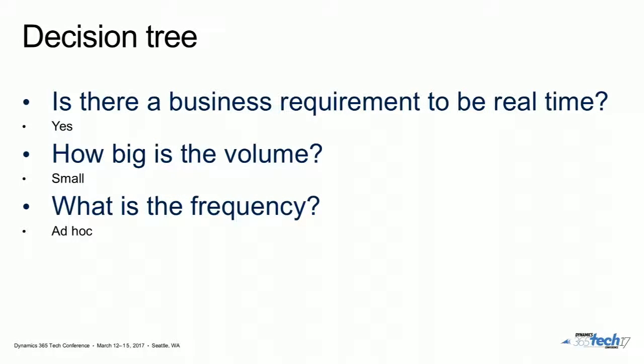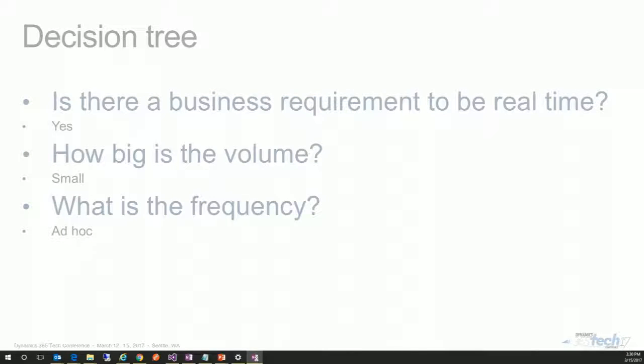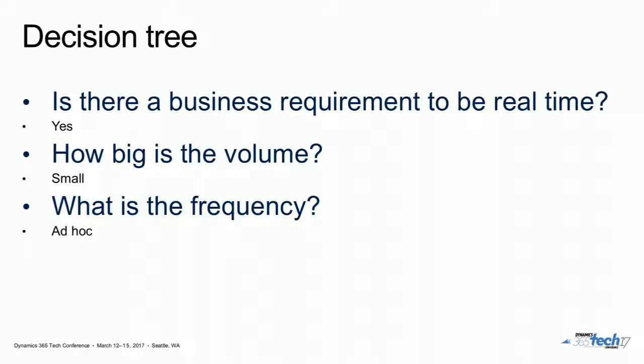When we went through the requirement, we found that it's a critical business requirement to be synchronous, because as soon as they create a sales order, they would like to confirm immediately whether the inventory is available and confirm the sales order, right? We asked, okay, is the volume high?